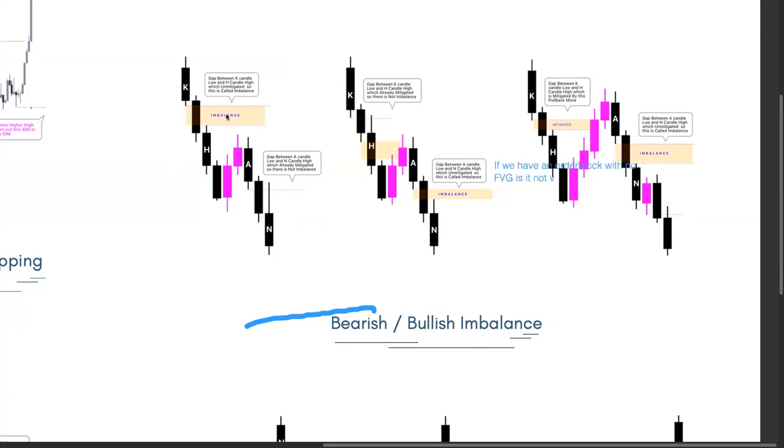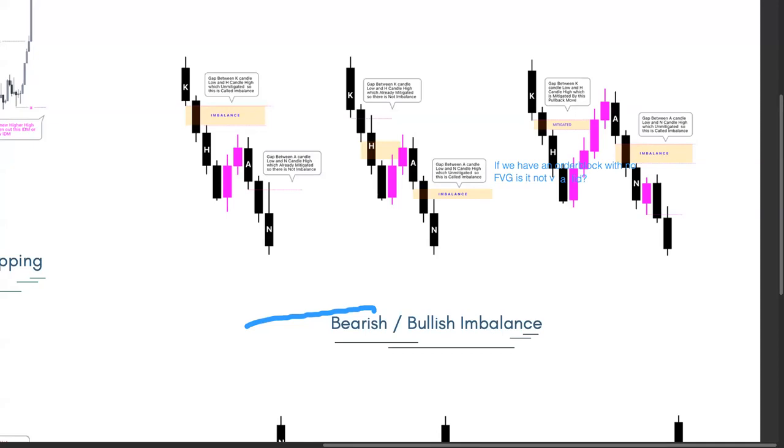The first one is a proper imbalance. If we have an order block with no FVG, it is not valid. Yes, without imbalance, there is no use. But you can use a shadow as a demand or supply for a buy or sell, which I already explained.